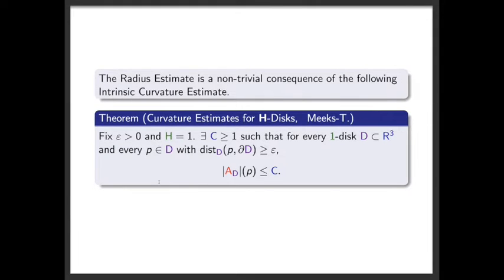So the radius estimate itself is a consequence of the following intrinsic curvature estimate. This says that if you are on a 1-disk and you stay away from the boundary, the second fundamental form is bounded by a constant which depends on the mean curvature and the distance to the boundary.